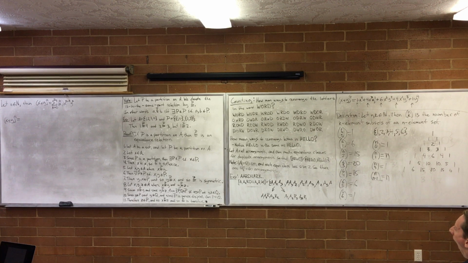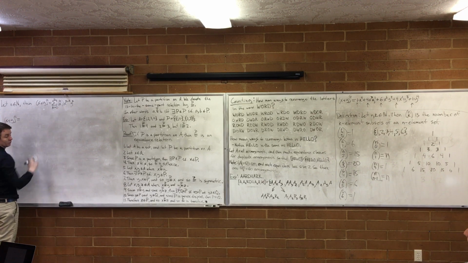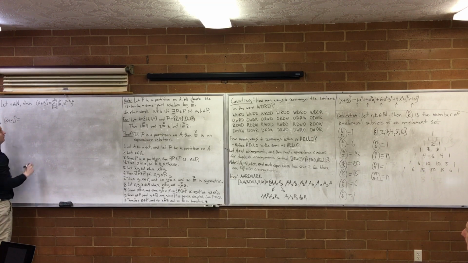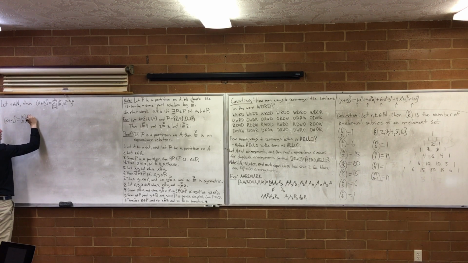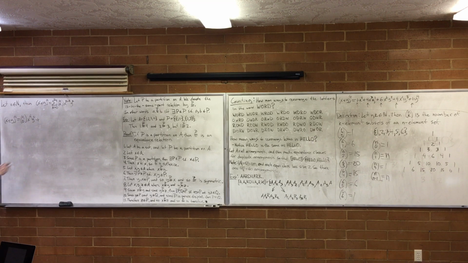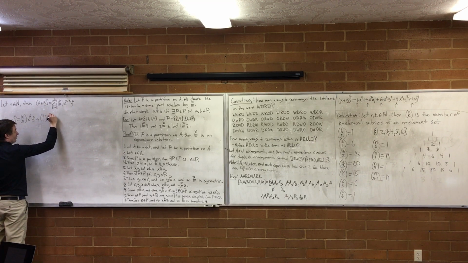That's saying x plus y to the 4 is equal to, start at k equals 0 and plug in 4 for n. So we have 4 choose 0, x to the 4, y to the 0, plus, now plug in 1 for k, 4 choose 1, x to the 3, y to the 1.